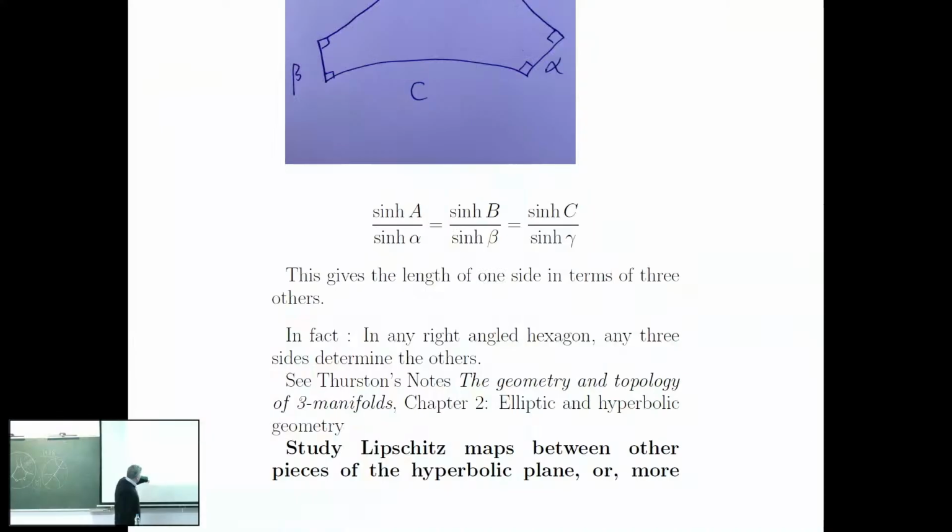This is why I put this in bold-faced letters here. Study Lipschitz maps between right-angled hexagons. In fact, I did it with my co-authors. I will give you the reference.